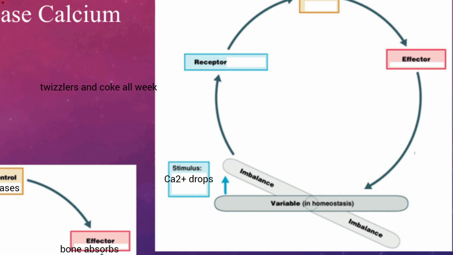This time the sensor or receptor is the parathyroid gland. And the parathyroid gland releases parathyroid hormone.